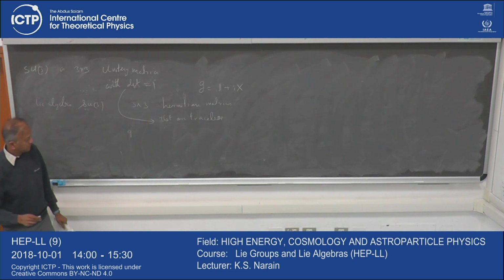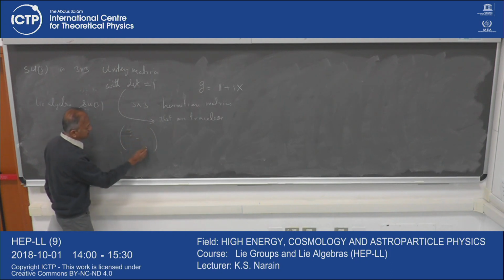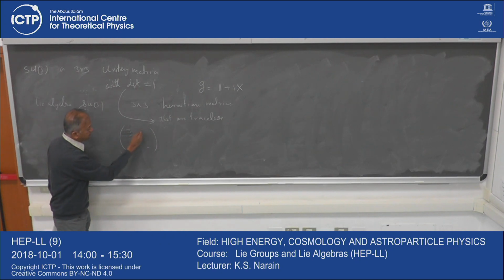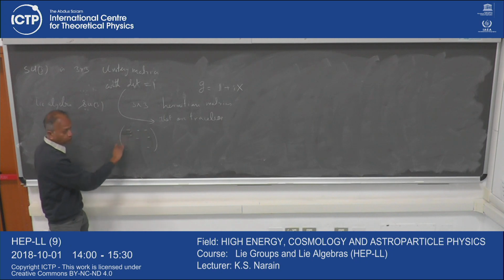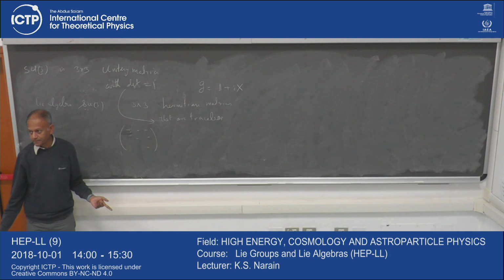Because if you have a 3 by 3 matrix, Hermitian means diagonals are real, and you have 3 off-diagonal entries, and the others are fixed by them, just the complex conjugate. So you have 3 real and 3 complex, that is altogether 9 real.